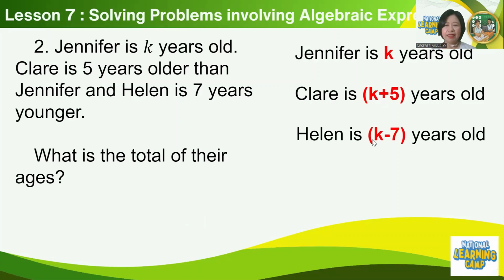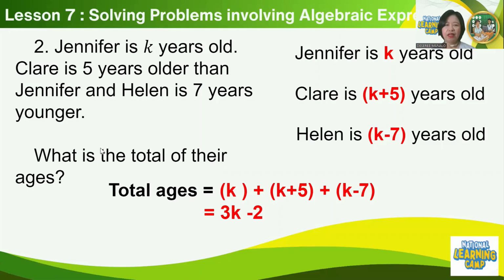Next, Helen is k minus 7 years old. Why minus 7? It is said here that Helen is 7 years younger, so 7 years younger than Jennifer.